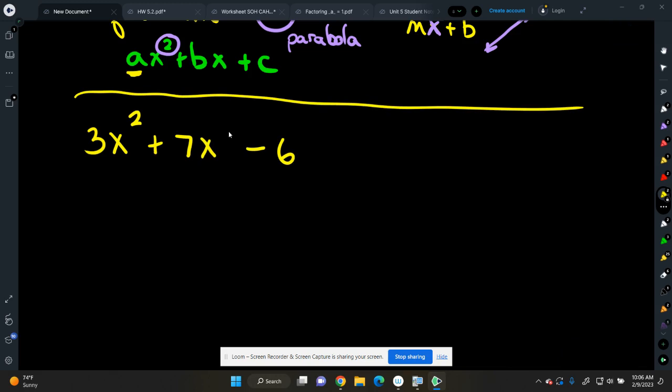If I were simply looking for two numbers that multiplied equal -6, but add up to 7, it's not going to work because I've got this 3 here. But in this example, also the signs are messed up, right?